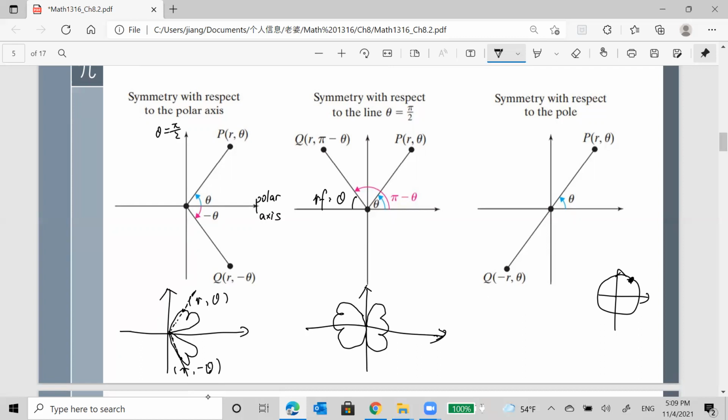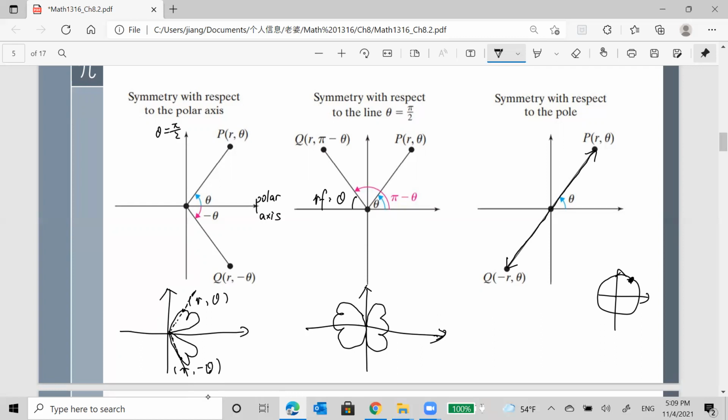And then this point is (negative r, theta). Why? Look at this. Is the distance changed from here to here? Yes, because before the direction of r is from here to here, but now I change the direction. It's from here to here.